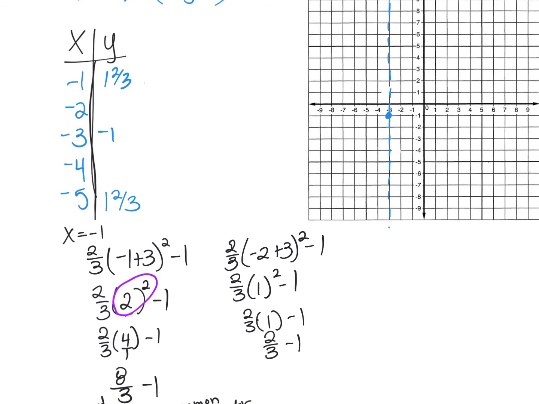It's kind of a redundant step, but you can write it or not if you want. And 2/3 minus 1 is -1/3. Again, if you wanted to get a common denominator, 1 is 3 over 3. You still get -1/3. So in my table, -2 is -1/3, and so is the -4 because it is also only 1 away from the vertex.